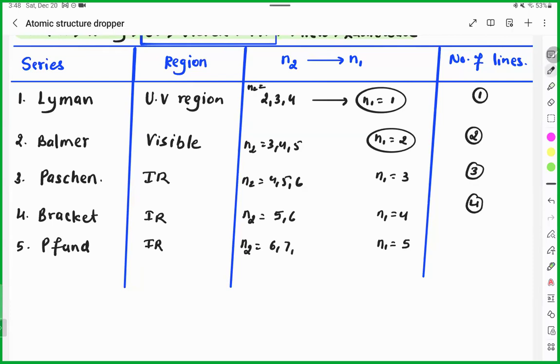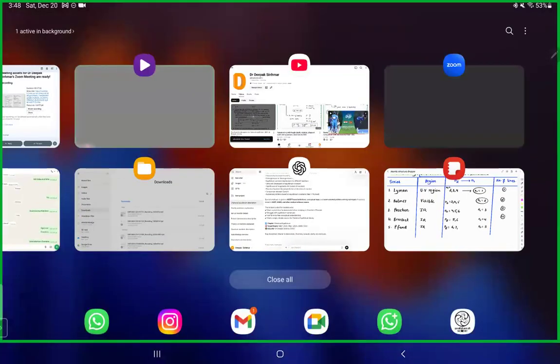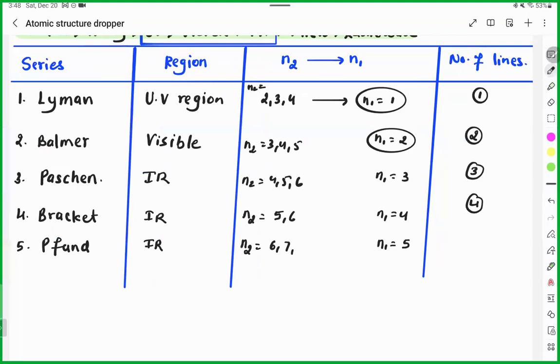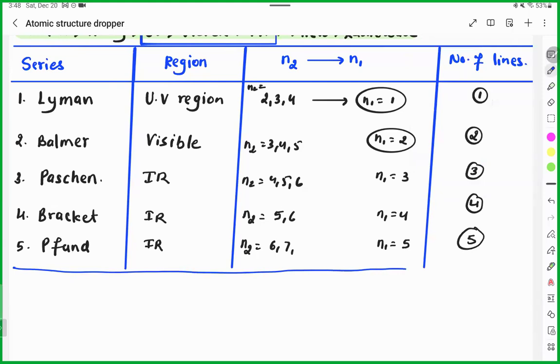Minimum 6, anything more than 6. And whom did I miss? Sania, Chandana, Marinder. Anvita, are you there? Yes, sir. What will be the number of lines in this case? 5. Many coaching institutes will tell you more, but NCERT mentions only these 5. So we will keep it 5. Some people teach Humphrey as the 6th, but no need.